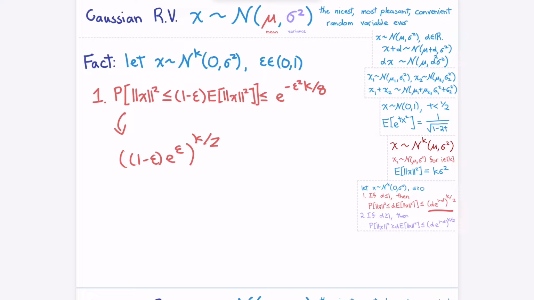If you look at something like e to the minus epsilon, this is 1 minus epsilon plus epsilon squared over 2 minus epsilon cubed over 6 plus epsilon to the 4th over 4 factorial and all that. Now, when we take epsilon very, very small, these terms, epsilon cubed, epsilon to the 4th, epsilon to the 5th, are all going to be completely dominated by epsilon squared over 2.